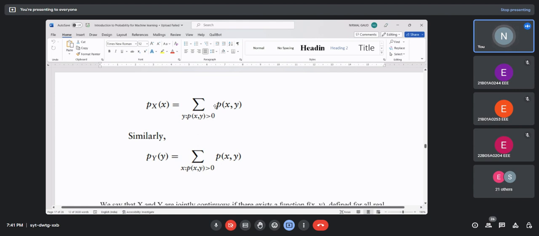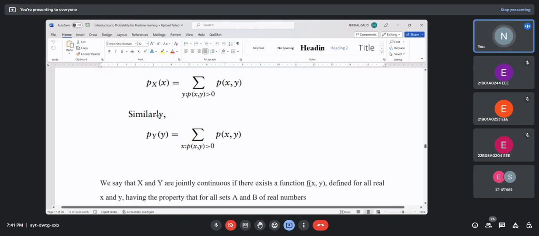Previously, my probability mass function for the discrete random variable x was just simply the summation of p(x). Now I am having p(x, y). So this is with respect to x, and this is with respect to y.